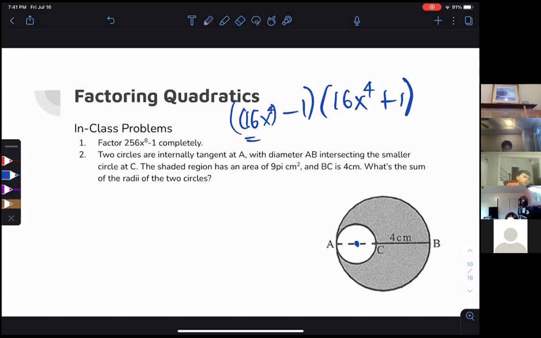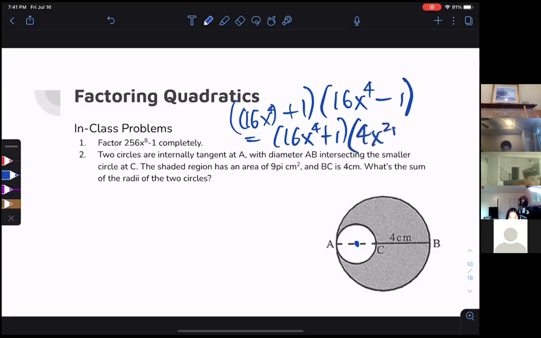Or actually, to save a bit of space, I'll solve these. So we have 16x to the 4th plus 1 still. You can factor this more, into real numbers, but we won't go over that. We'll just stick with difference of squares for now. Then we have 4x squared plus 1, 4x squared minus 1.